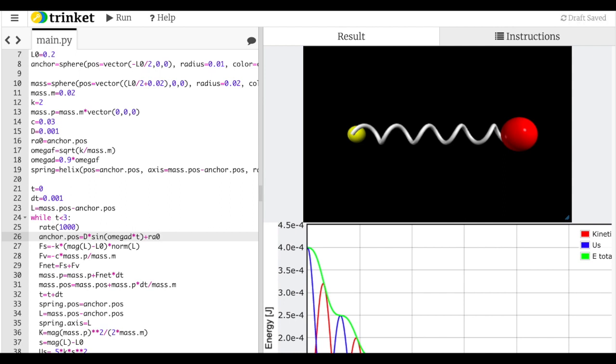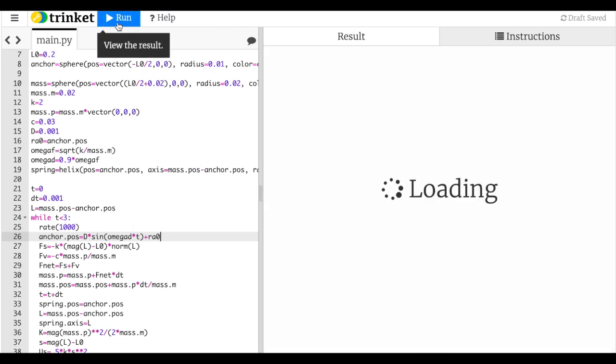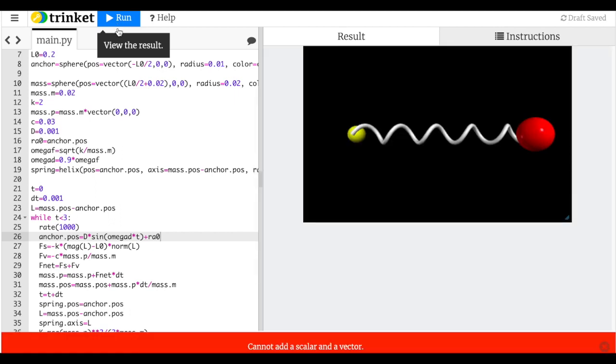I think that's all I need to do. I feel like something's missing, but let's just run this. Can't add a vector and a scalar. RA0, oh, that's right, d times vector 1, 0, 0.